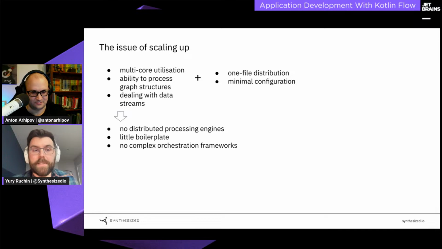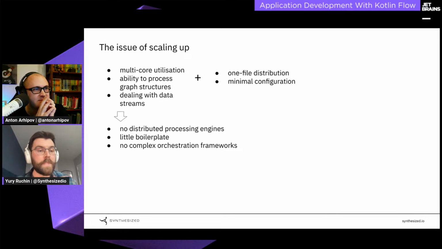What that meant for us is that it ruled out distributed processing engines, at least for the light mode. We wanted as little boilerplate as possible, so we didn't want concurrency primitives scattered all over our code. And we could not afford complex orchestration frameworks, so as not to bloat our configuration.